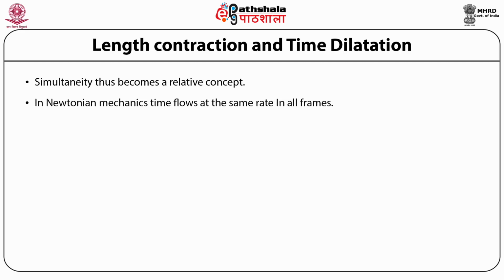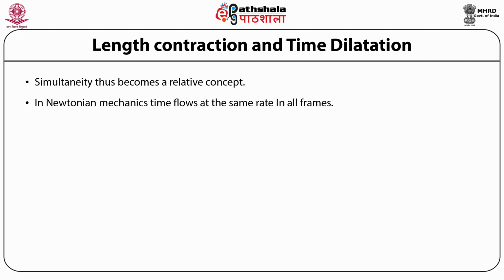In Newtonian mechanics, time flows at the same rate in all frames of reference. Therefore, there we can talk of simultaneity of events in different frames of reference as being universal, but that same thing does not hold true when we consider the principles of special theory of relativity and consider Lorentz transformations instead of Galilean transformations.